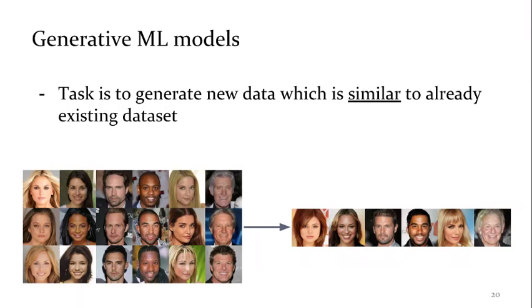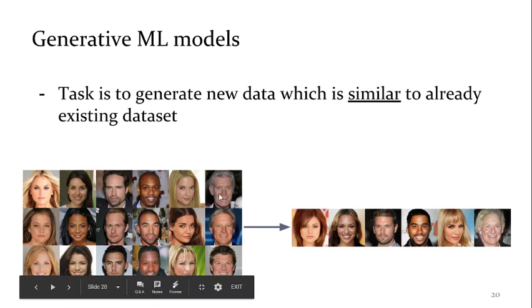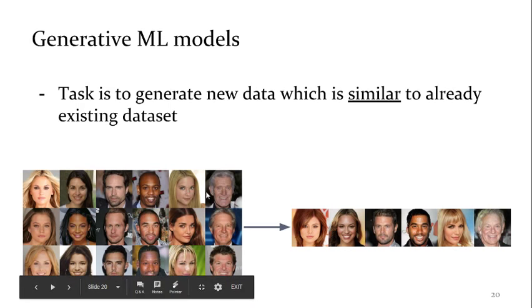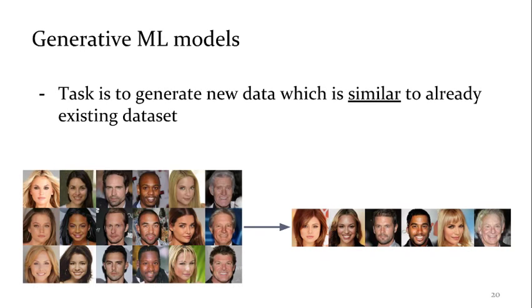So they argue that whatever they generated is far enough away from whatever the dataset already had, which is true in some sense, but you can still see, okay, this guy and this guy are a bit similar. This is a bit different, but maybe this guy and this guy, maybe it's the same person with a different haircut. So I think it is still an open area of research how creative these really are. And it's hard.